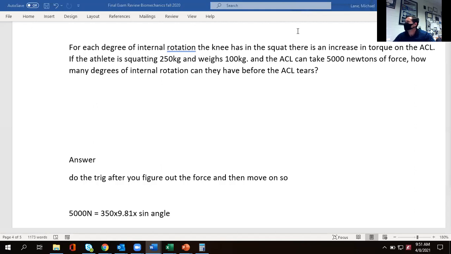All right, so now this lab that you guys were just supposed to do, that was the center of gravity lab, right?